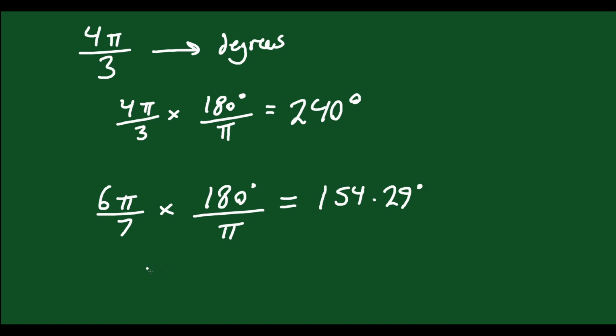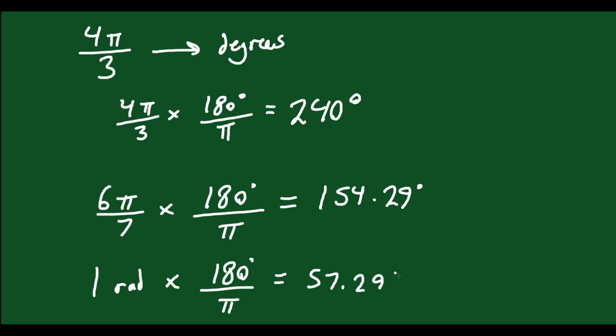And that would be a little bit less than a third of a way to pi, so a little bit less than 60 degrees, right? So let's say you had 1 radian, and I'm actually going to write radian here just to show that's radians. How do you change that to degrees? Well, you multiply it by 180 over pi. And if you do 180 divided by pi, you get 57.296 degrees.